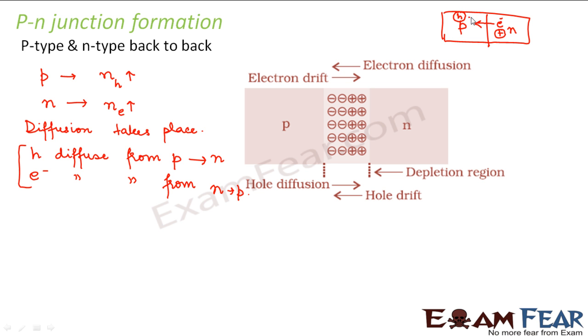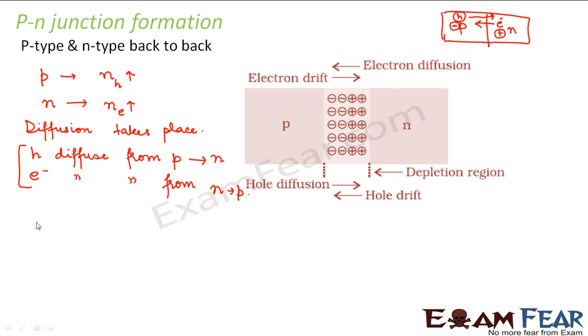Similarly, when a hole moves from P to N, a negative charge is left behind. So as this diffusion takes place, some negative charges are left behind in the P region and some positive charges are left behind in the N region. These charges are immobile because they are bound to the neighboring atoms, so they cannot move.